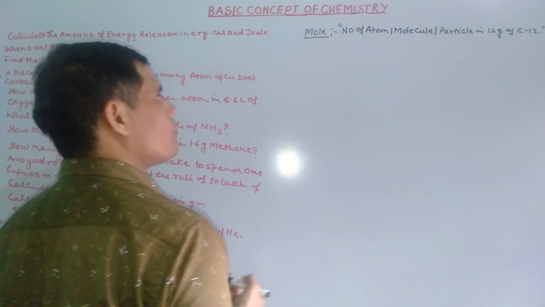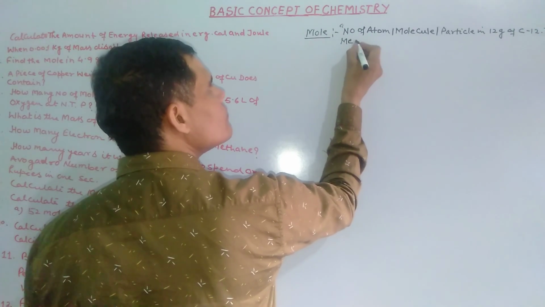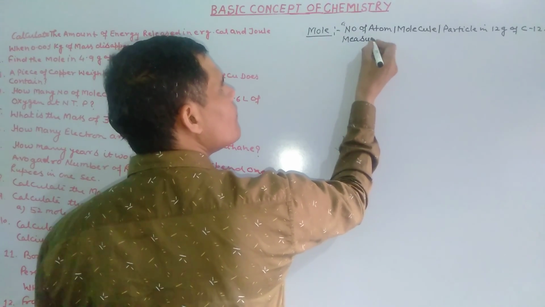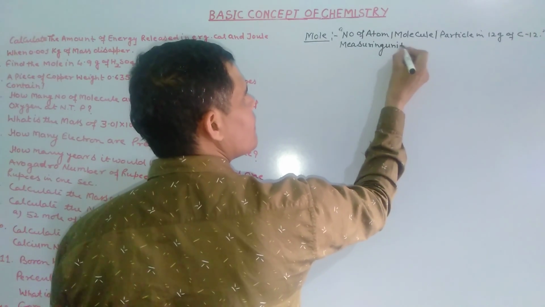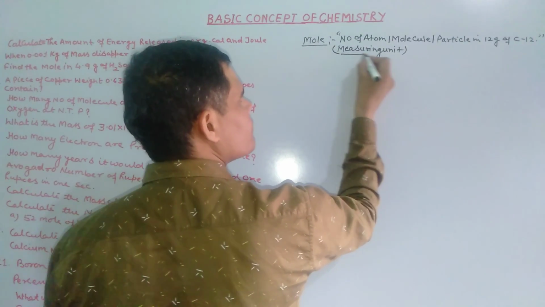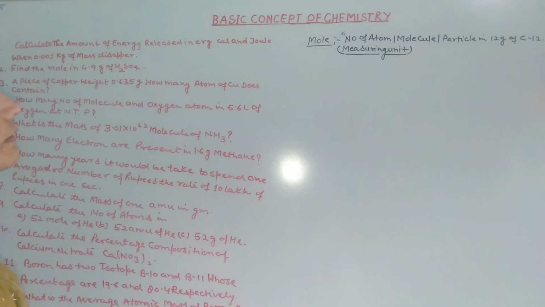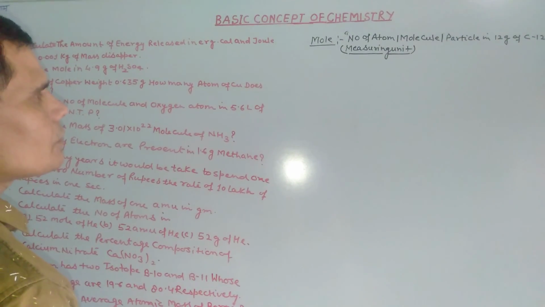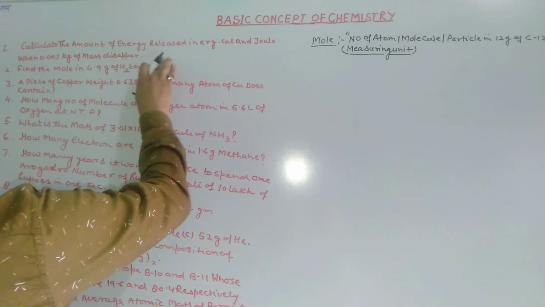It means mole is the measuring unit. It is the measuring unit to calculate the number of atoms, molecules, particles in 12 gram of carbon 12 and other substances.